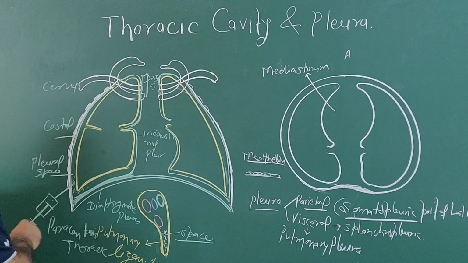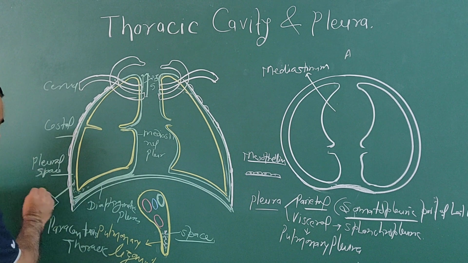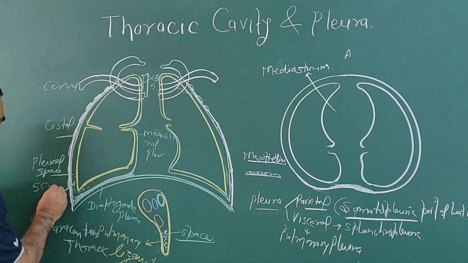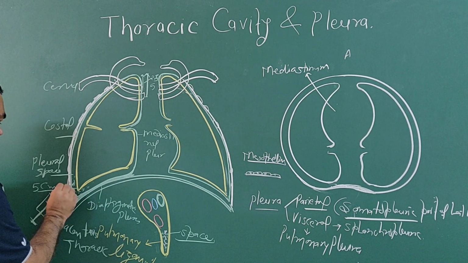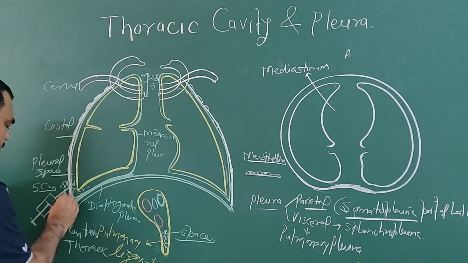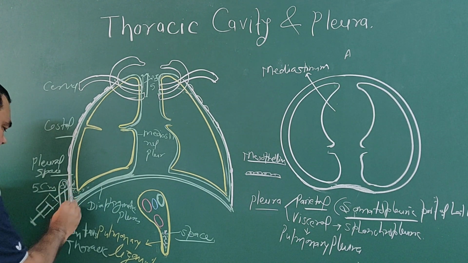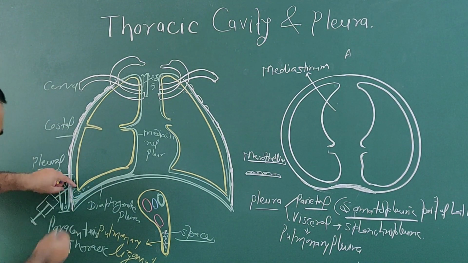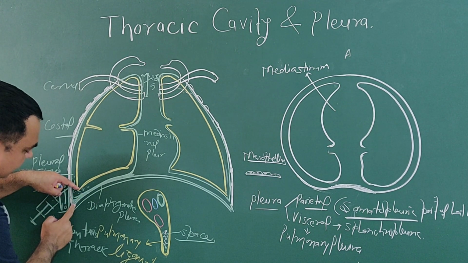Its length is about 5 centimeter and it extends from the 8th to 10th rib level.